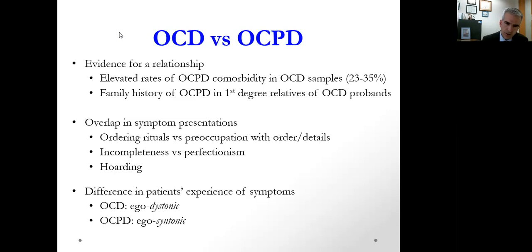The individual with OCD finds the intrusions to be distressing and unwanted. They don't want to be doing the compulsive behaviors, but they feel they have to in order to ward off the feared outcome, or to decrease their sense of anxiety. So the symptoms are seen as separate from who they are.